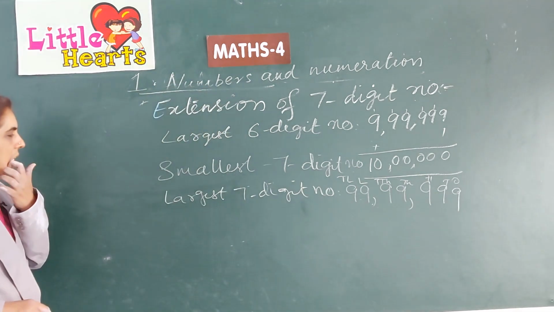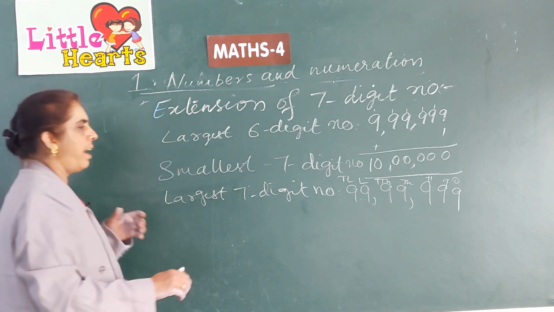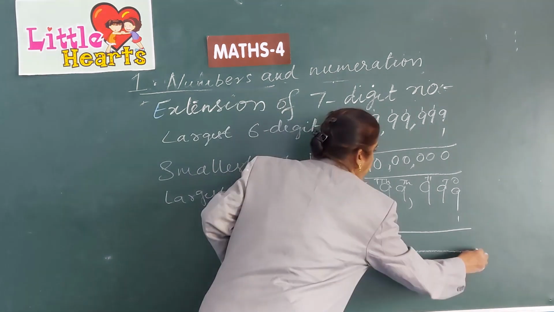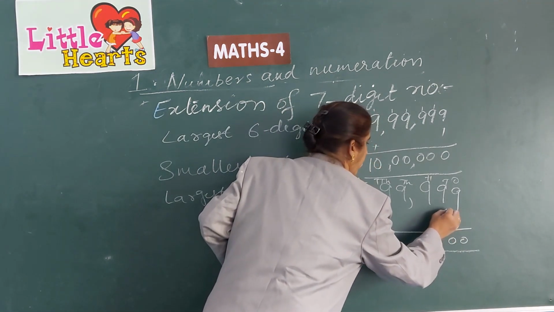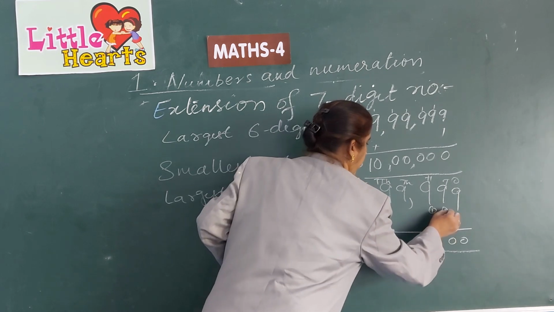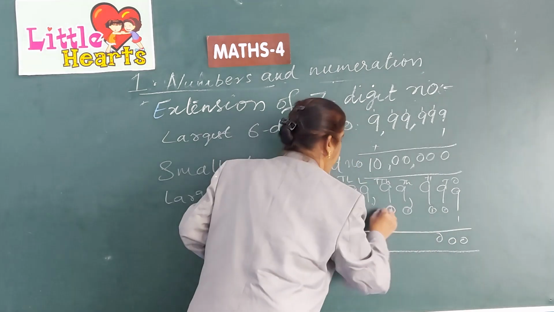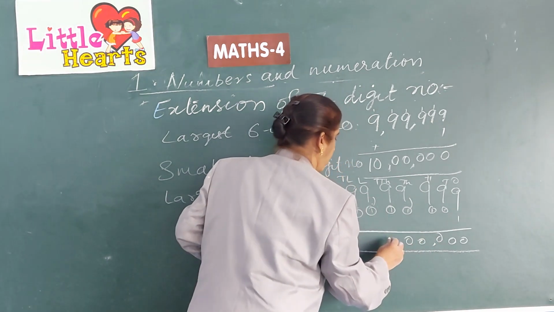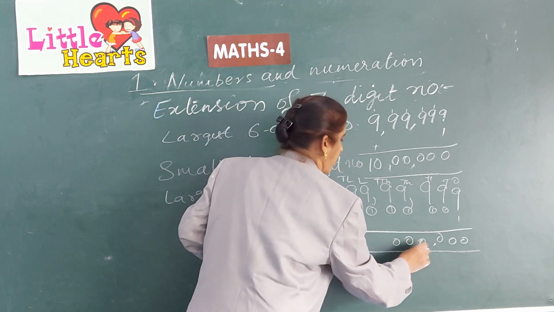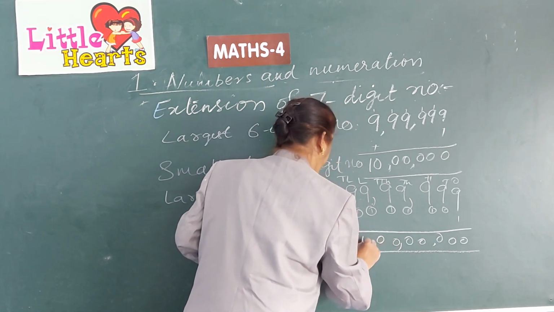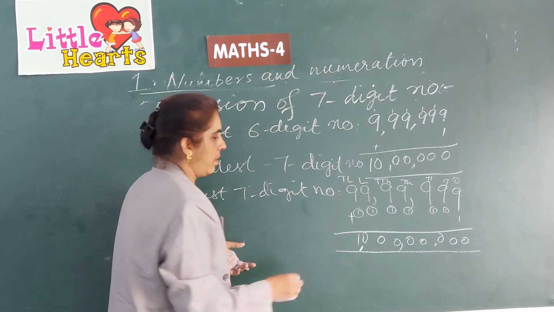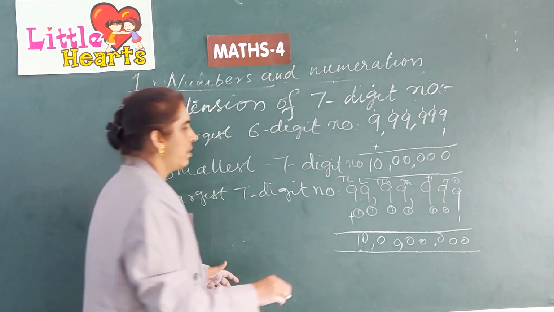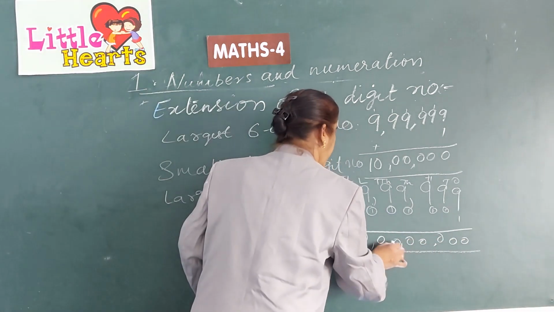So, this is the largest 7-digit number, and when 1 is added to this, you get ones, tens, hundreds, thousands, 10,000s, lakhs, 10 lakhs.